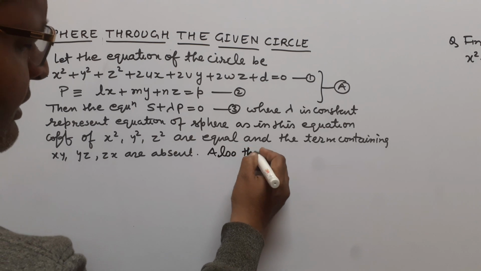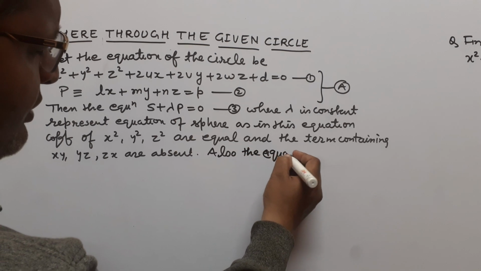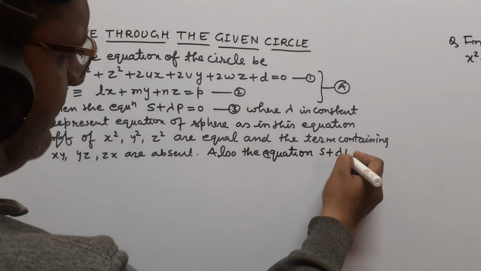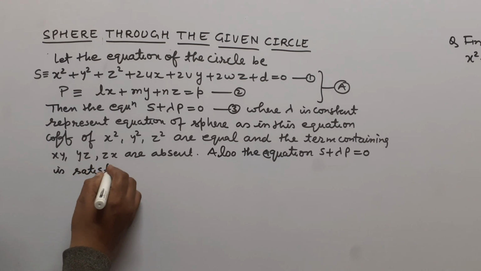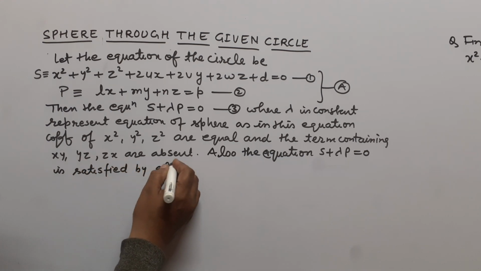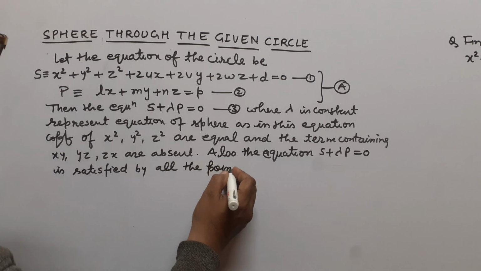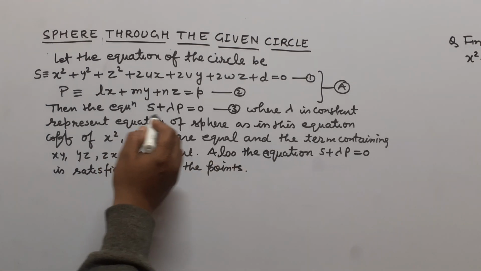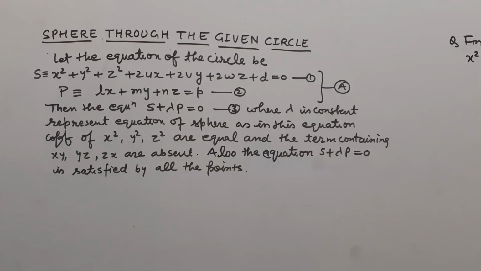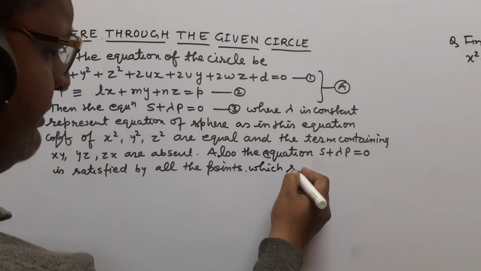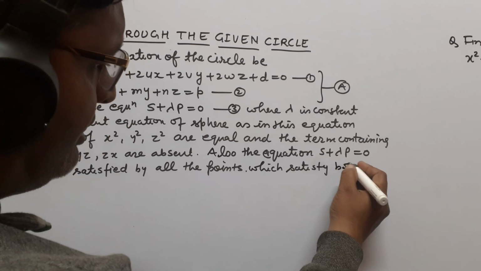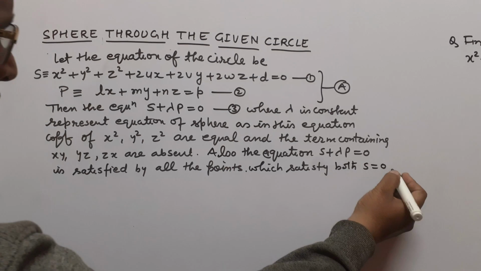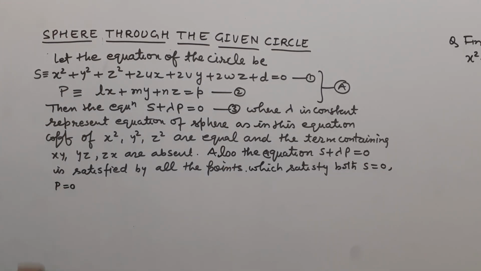Also the equation S plus lambda P is equal to 0 is satisfied by all the points which satisfy both S is equal to 0, P is equal to 0.